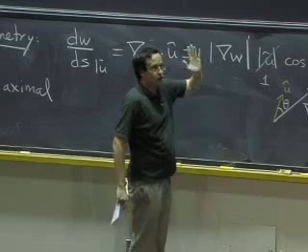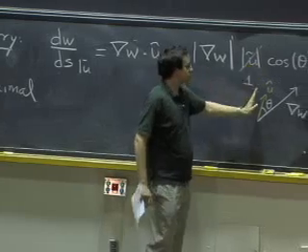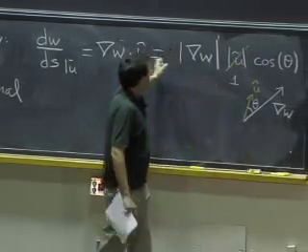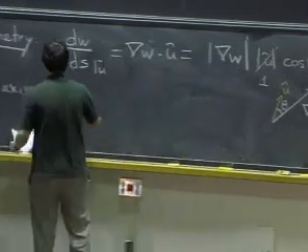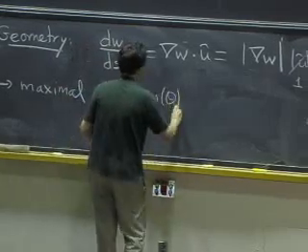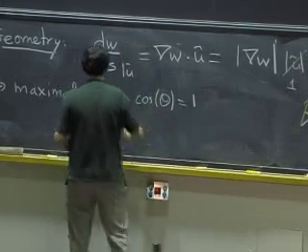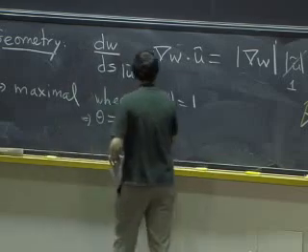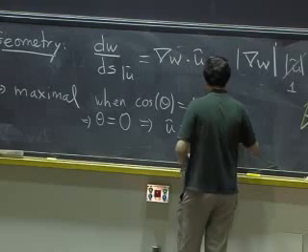But the question is, in which direction does it change the most quickly? Well, what I can change is the direction, and this will be the largest when the cosine is 1. So this is largest when cosine of the angle is 1. That means the angle is 0. That means u is actually in the direction of the gradient.